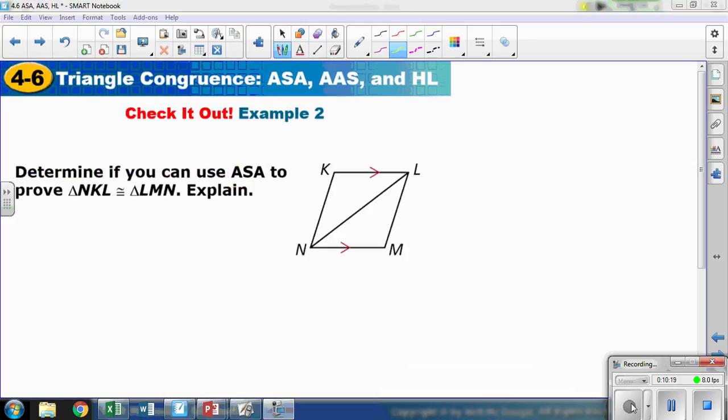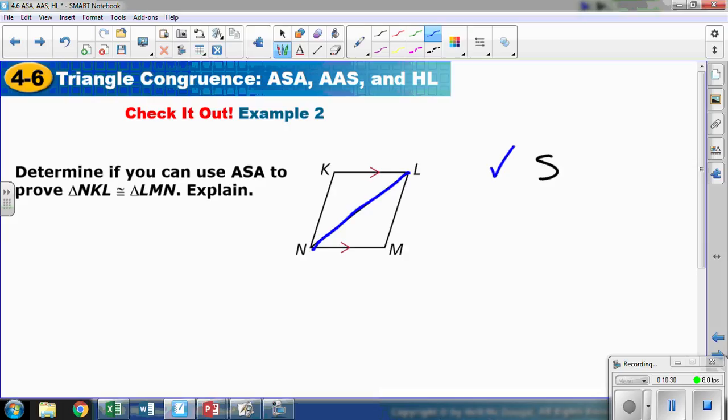Okay, one more run through it. Can you use angle side angle? Well, of course we can see we've got the shared side, so the side part's not a problem. And we would also be able to say, because of the parallels, well, we've got parallels with the transversal, we know that we have a pair of alternate interior angles that are the same.